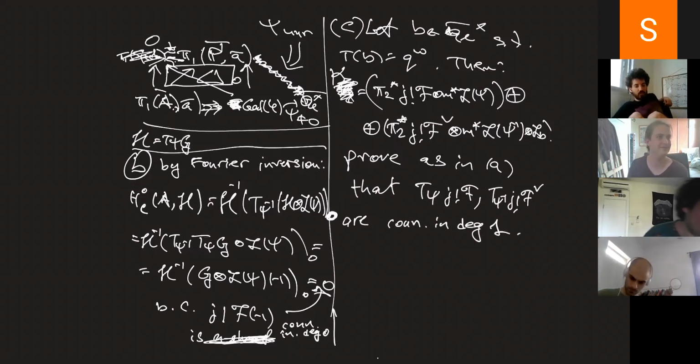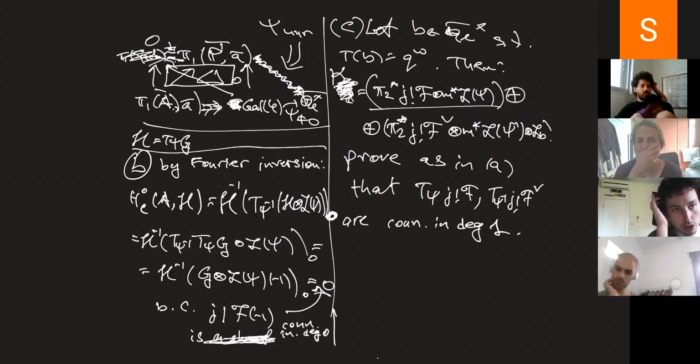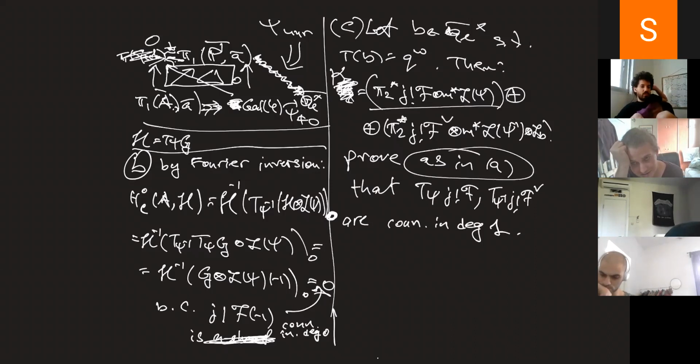So we know that we only care about the first derived functor of pi 1 lower shriek. All of the others will vanish. Again, as in A, we reproduce the same argument and use this.